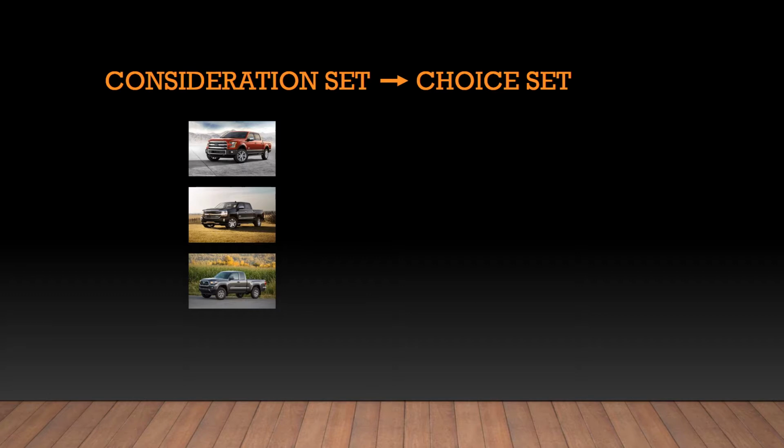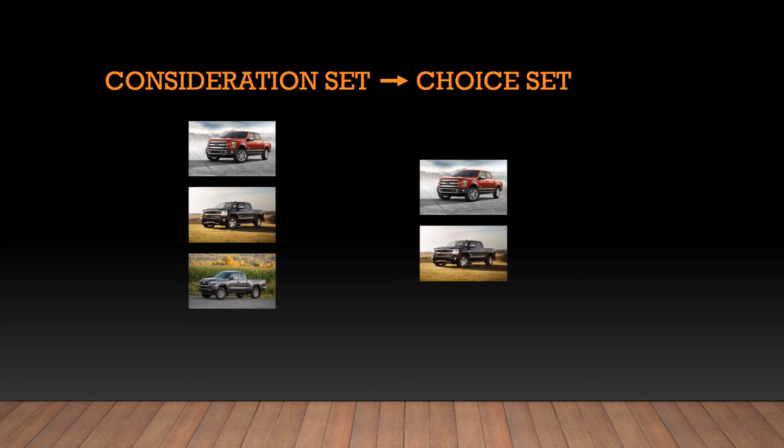So get online, research engine size, cabin size, towing capacity, things like that, and then he's going to compare that to the specific needs that he needs filled. So in this scenario, we'll say the consumer has a requirement for a larger truck with a higher towing capacity. He's going to compare these 3 brands together, and that's going to leave him with the 2 larger vehicles, which is the Ford and the Chevy.